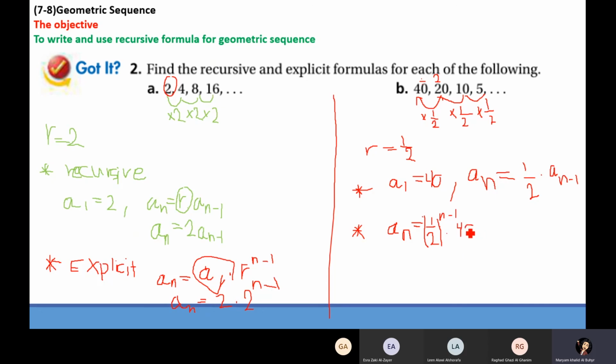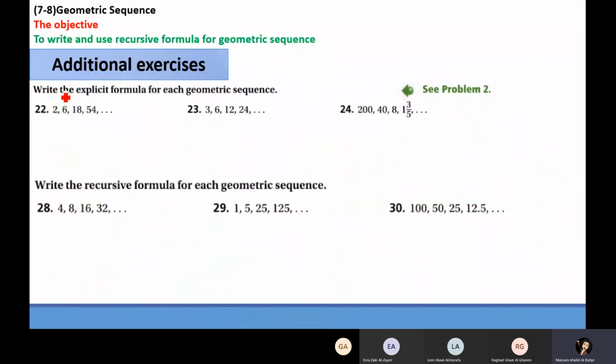So in this formula, you put term 1, the first term. Then you multiply by the common ratio to the power n minus 1. So the second problem is this.